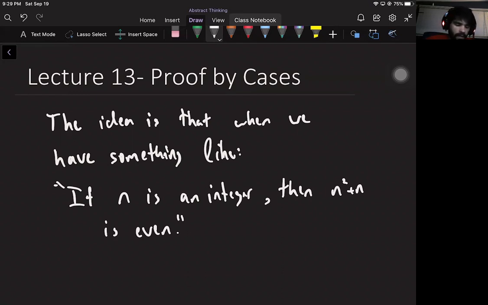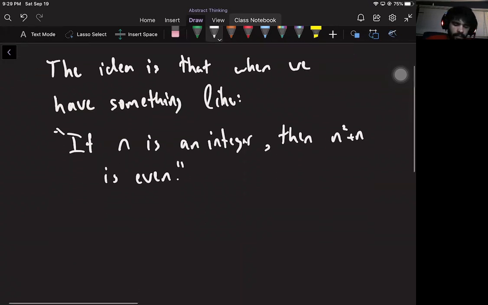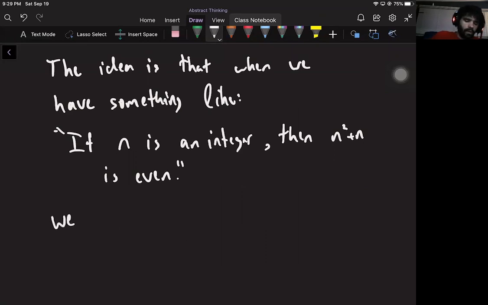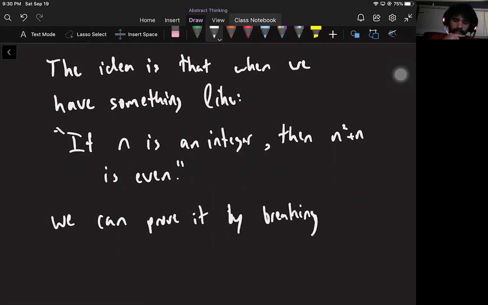So when we have something like this, the idea is that we can prove it by breaking the hypothesis up into cases. That's where the name comes from. And what this means is that the hypothesis has to be able to be broken into cases, which is true here, and I'll show you how in a second.